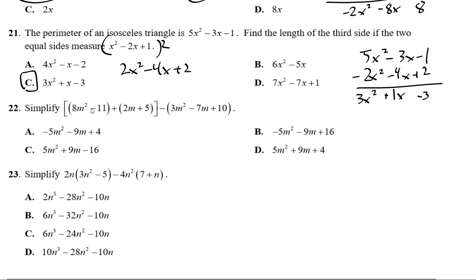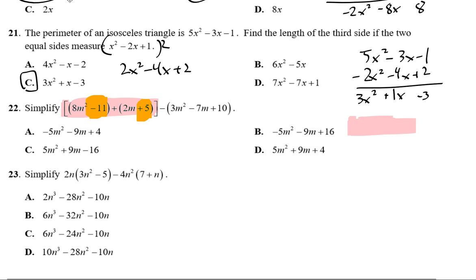22, simplify this minus that. So we're looking for any like terms we can combine. First, in this big bracket here, we've got an m squared and an m. That's not like. But we've got our -11 and our +5. So if we add together -11 and 5, we get -6. So in that big bracket, where can I write that?